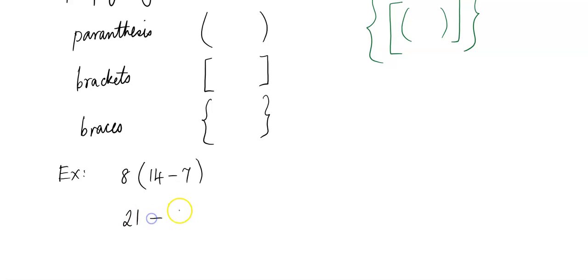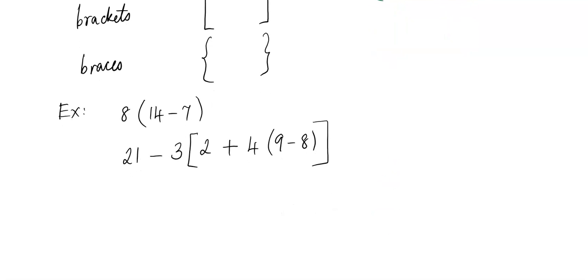So 21 minus 3 times 2 plus 4 times 9 minus 8. Look at this. Okay. So I have a parentheses inside the brackets, right? So this is an expression where it is lengthy and I've got to do more things. So the grouping is done in two levels, one nested inside the other. So I have the innermost and then the outer brackets.